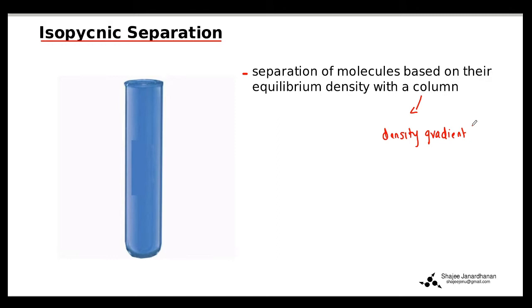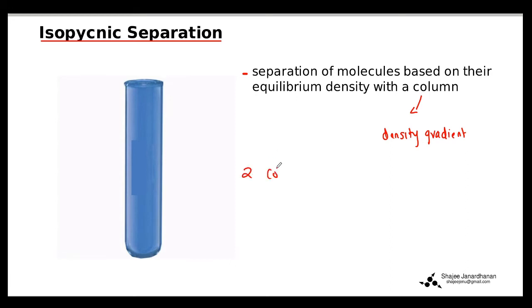If you add a molecule to such a density gradient column and centrifuge, the molecules are going to sediment or settle until their density becomes equilibrated, or equal to the density of the column. That was the basic principle of isopycnic separation.